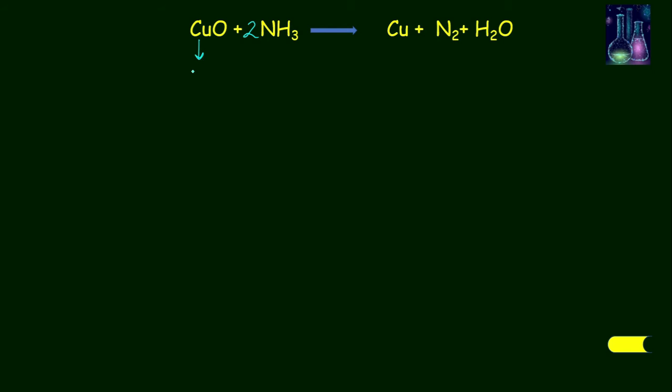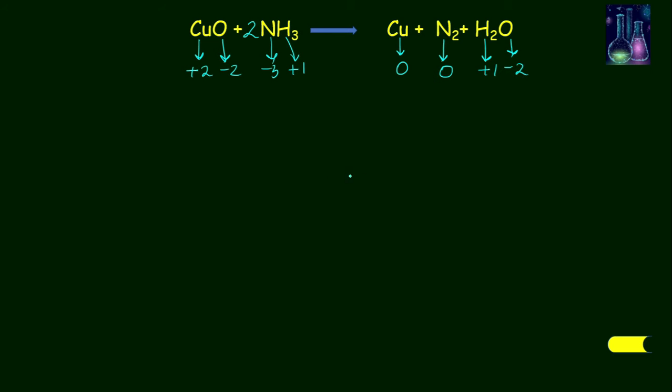Here copper is +2, here oxygen is -2, nitrogen here is -3, hydrogen here is +1, copper in free state 0, nitrogen in free state combined with itself 0, hydrogen +1 and oxygen -2.